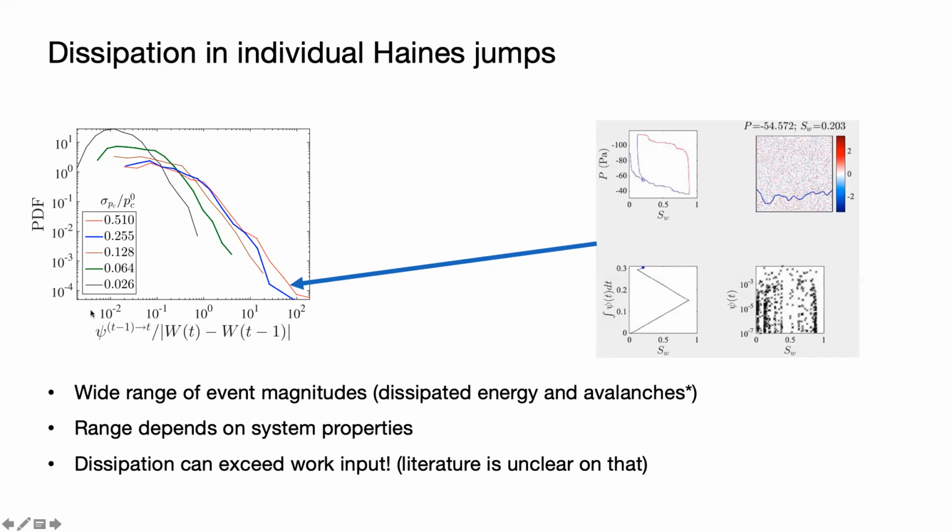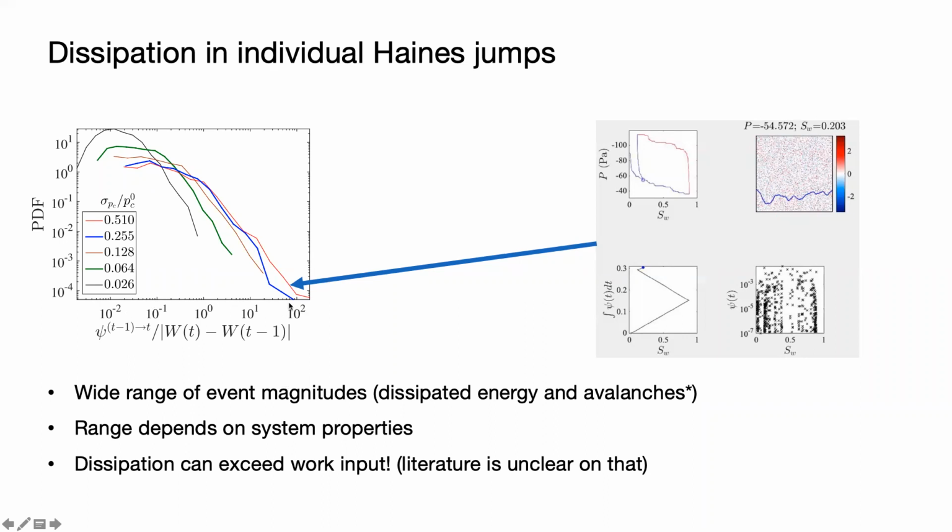So what you see is that you have a very, very wide range of magnitudes. Okay, and so for example, this is for this simulation that I showed you. This is for the very wide distribution of defect strength, this red curve. So you can see 4 orders of magnitude.